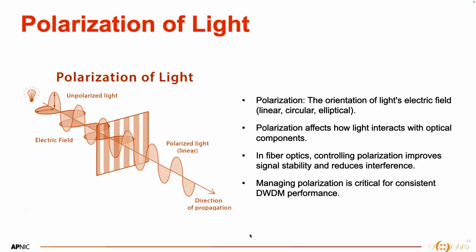Next, we have polarization of light. So what is polarization of light? As we discussed in the beginning, light is an electromagnetic wave, right? It has two planes: an electric plane and a magnetic plane.